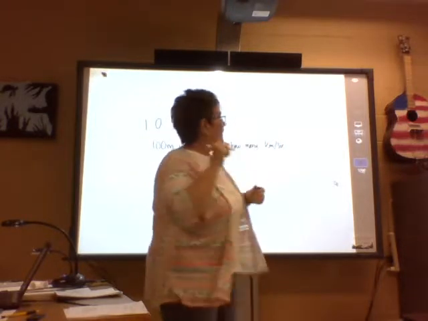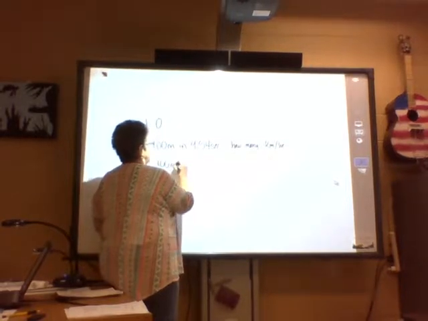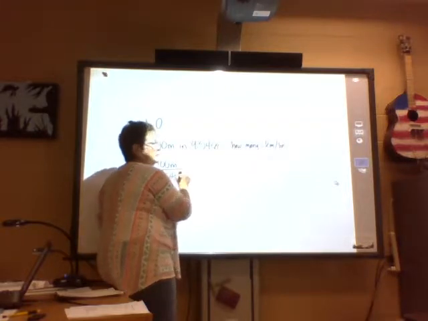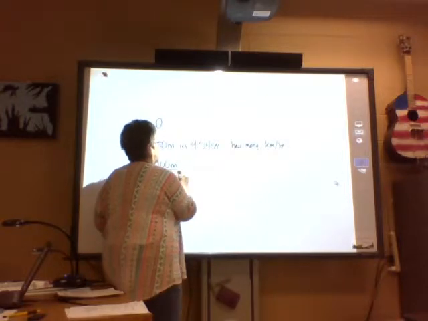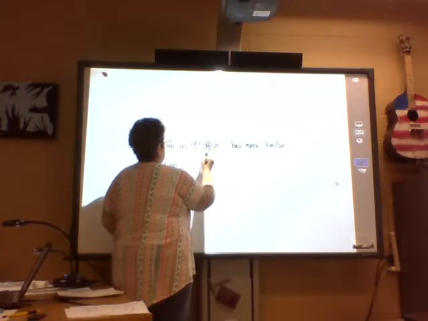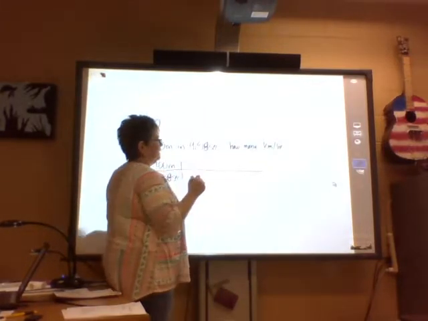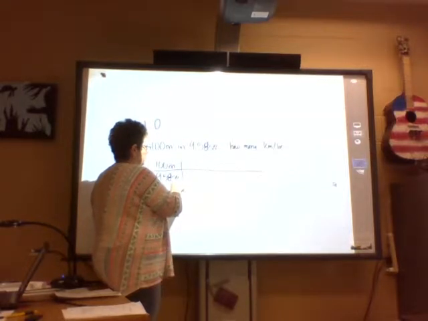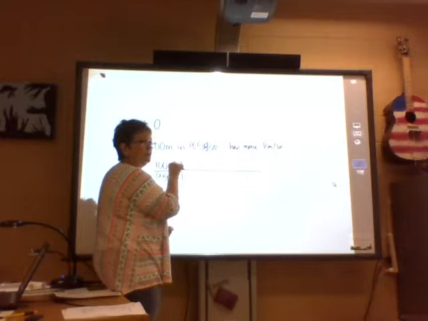We are going to say he ran 100 meters in 9.58 seconds. Okay? We're going to figure out how many kilometers per hour. So this is my numerator. He went 100 meters in 9.58 seconds, yes? My goal is to get into kilometers per hour.